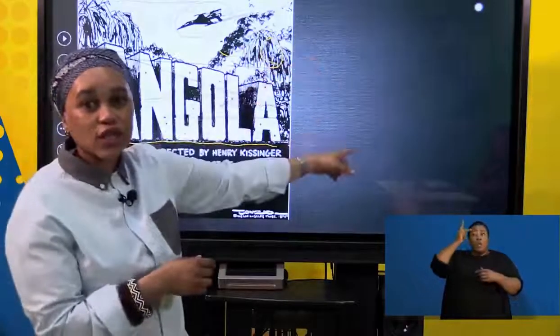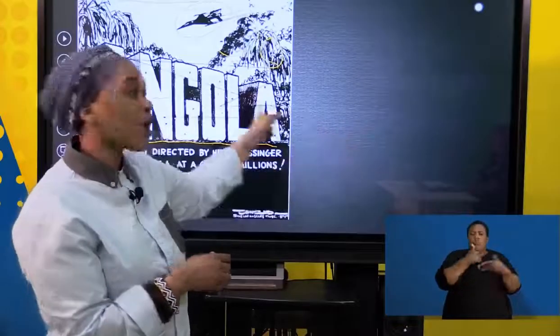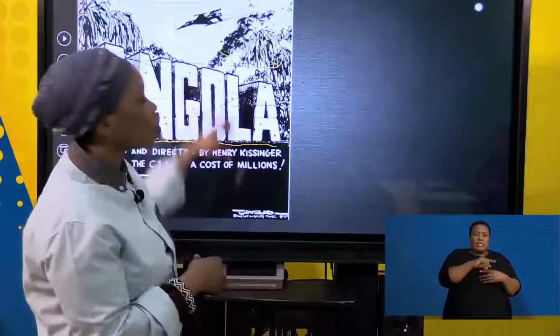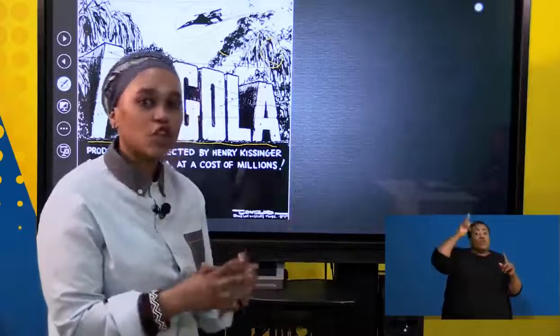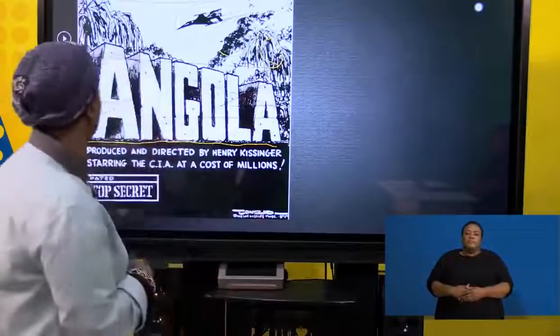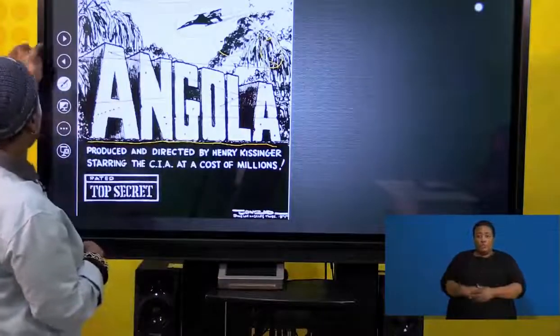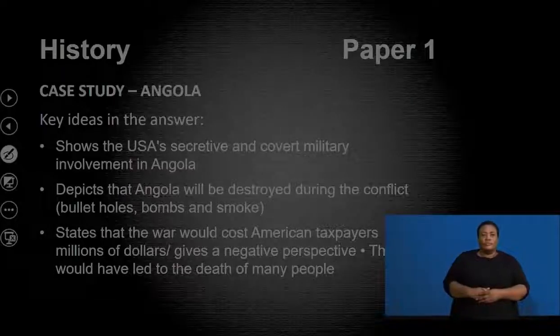Again, it goes back to those choices that you have to make when you answer these questions, that you should have studied that section even if you're not choosing Vietnam, but you should have prior knowledge of what happened there, because otherwise you will not be able to see what the cartoonist is trying to say here. Okay, now let's move on to the question to see if you've understood how to analyze the source.